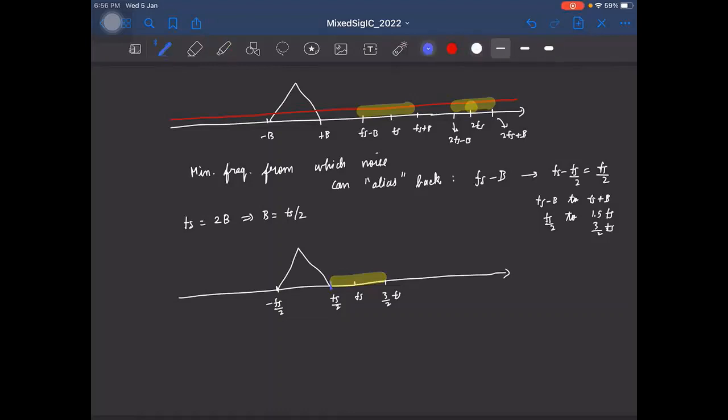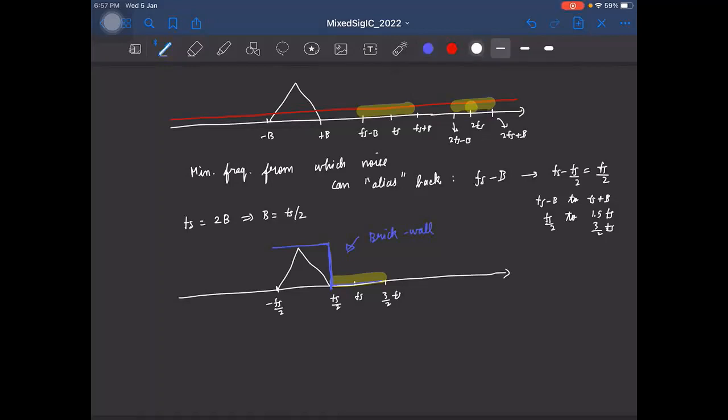So the low pass filter must allow all the frequencies within the signal bandwidth and must attenuate all the frequency components from which noise can alias back by a fixed amount, right? And we saw that because of this, our filter characteristics must have a sharp transition, right? And this was essentially a brick wall filter kind of characteristic, right? And we also saw that this is not possible to realize in practice.